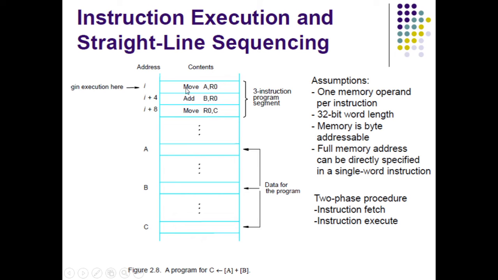So while executing this instruction, our PC automatically jumps 4 consecutive bytes forward and points to location I plus 4, the starting address of this instruction. After finishing the execution of this instruction, the processor directly gets the starting address of the next instruction, present sequentially after it, so it starts executing the next instruction.